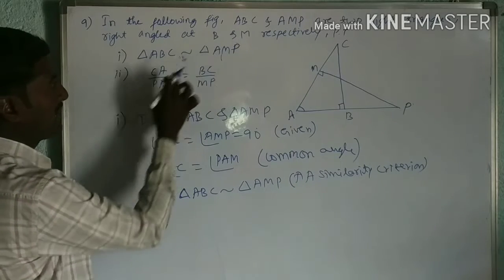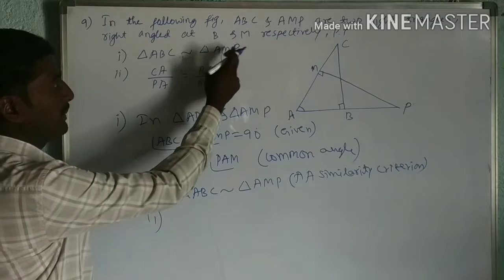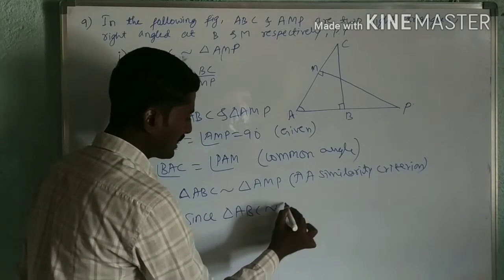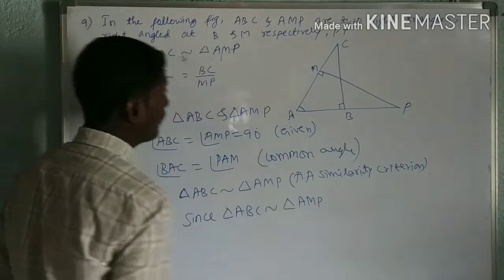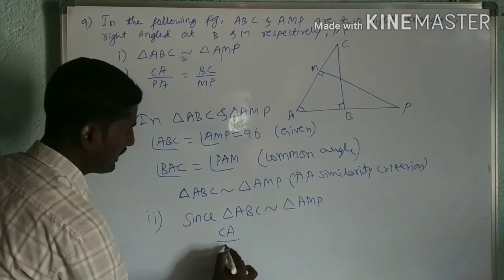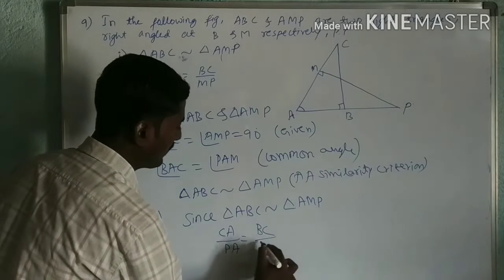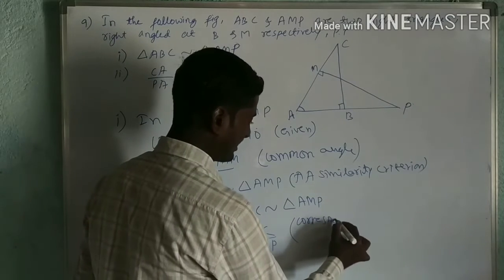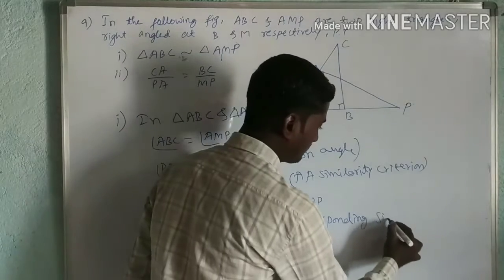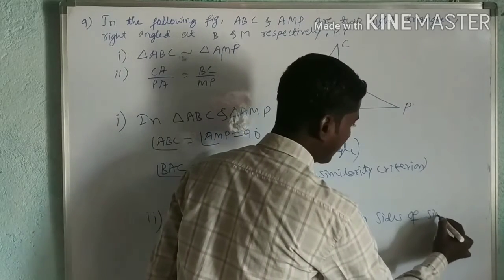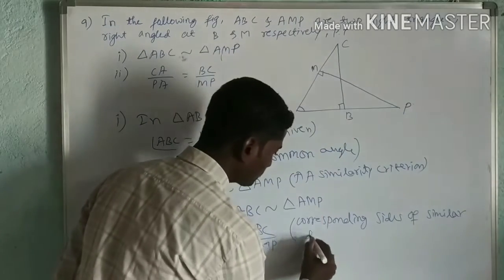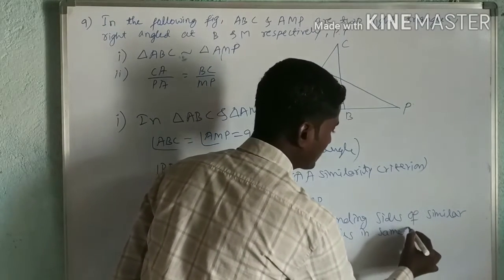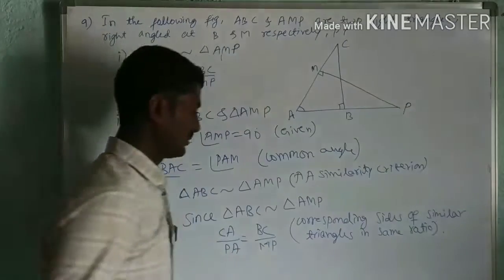Since triangle ABC is similar to triangle AMP, I can write this directly: CA divided by PA is equal to BC divided by MP, because corresponding sides of similar triangles are in the same ratio. So this is the reason I can give.